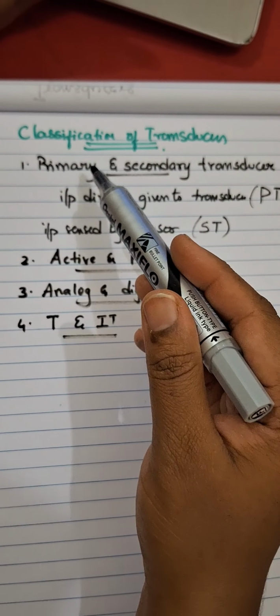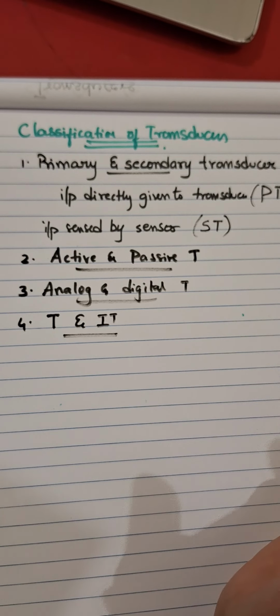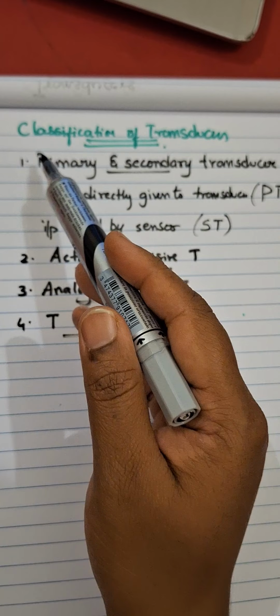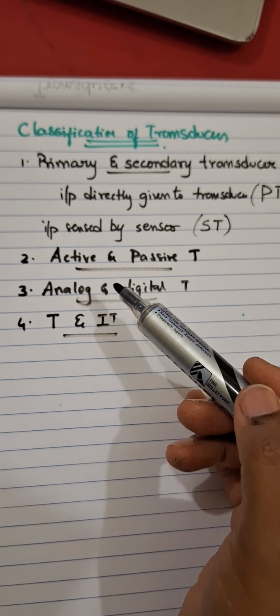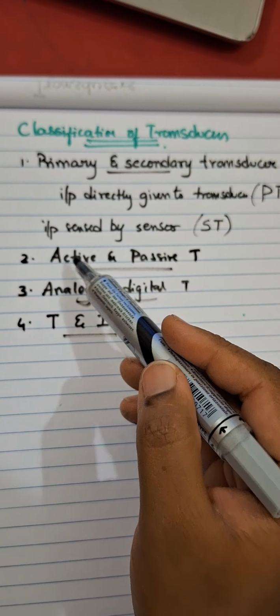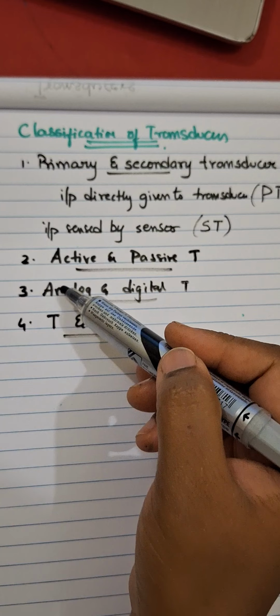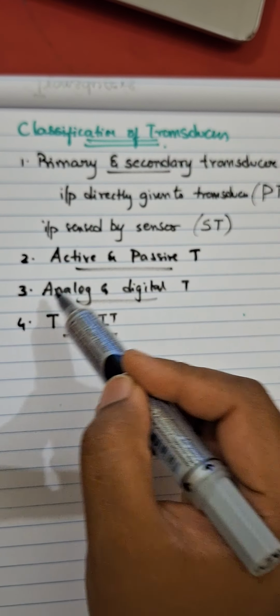So these are the kinds of transducers. Actually, all transducers are the same, but some have certain preferences. For example, one transducer can be primary, passive and analog, or another can be secondary, active and analog. Any one of these four classifications will apply to a transducer.